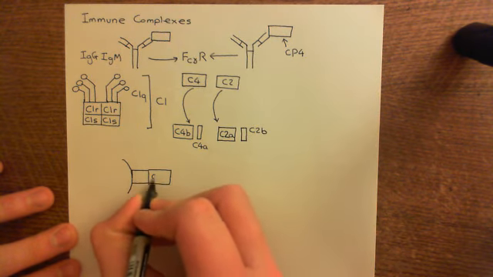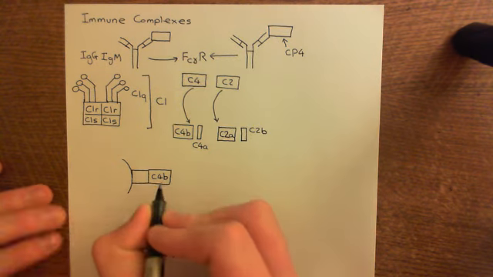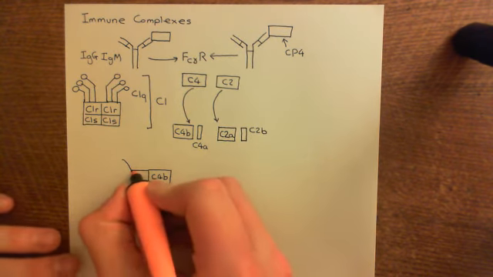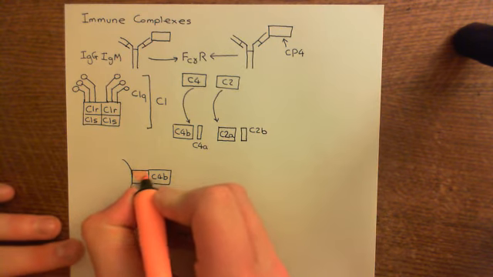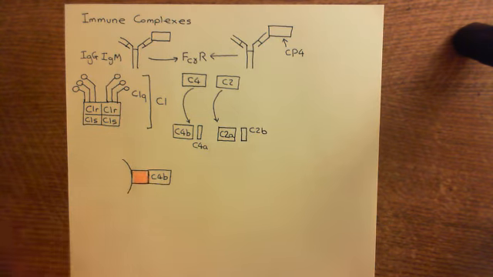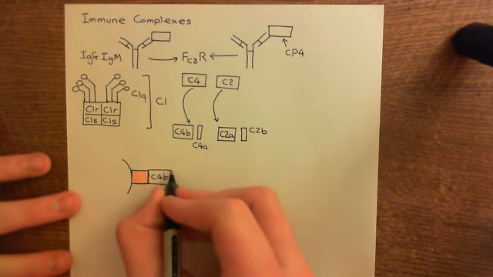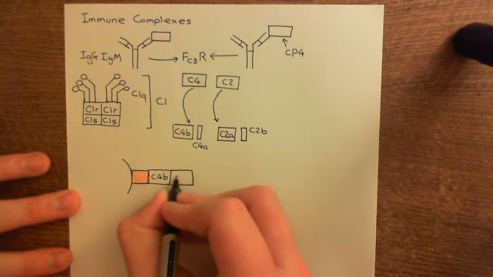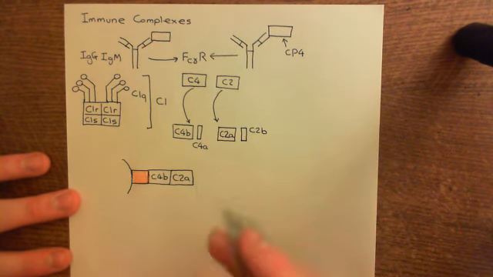So you're going to bind C4b to glycoproteins that may well be on the surface of cells, or potentially may not be. They could be in the synovial fluid. But you're going to bind C4b to some sort of glycoprotein, and then you're going to bind C2a on top of that, like so.